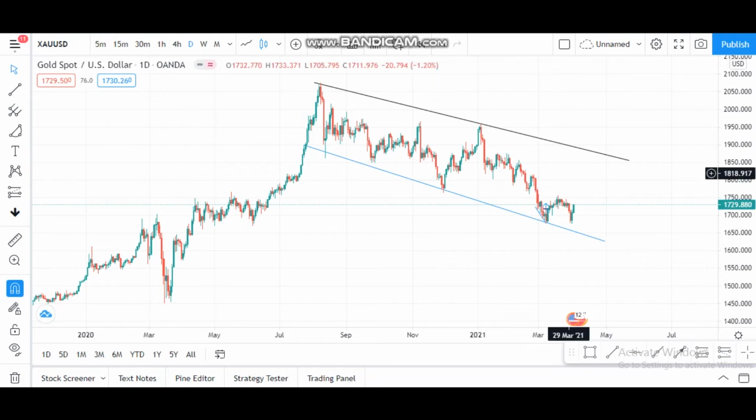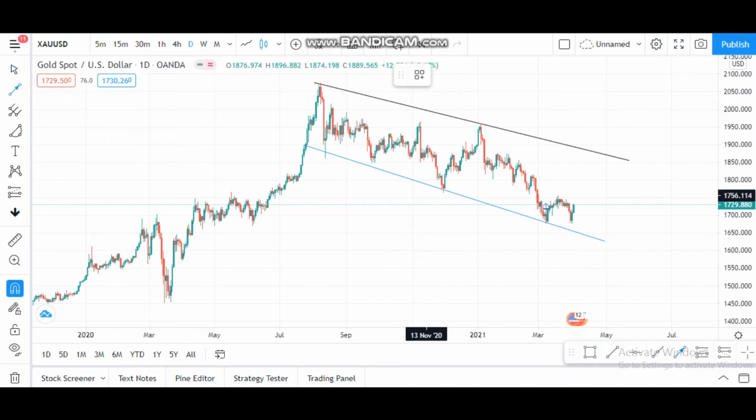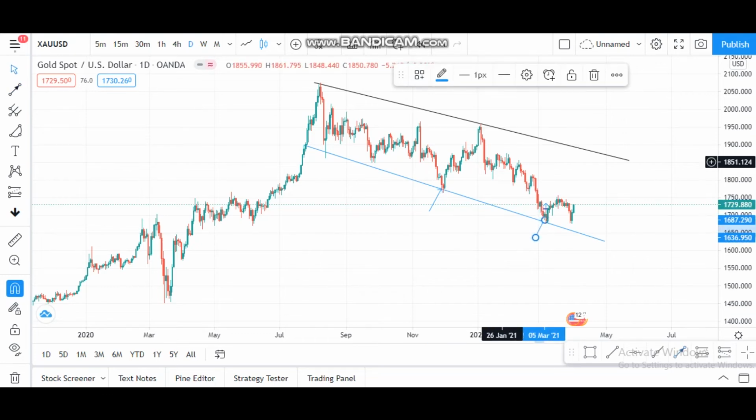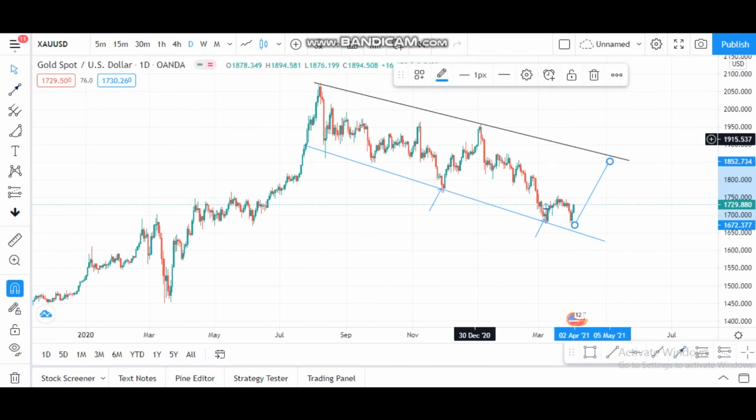But currently gold has retested my support trend line, and this clearly indicates reversal. We can observe that the market reversed at this zone, and also at this zone. So I think this was a retest to gain further momentum to make sure it goes bullish overall, to test this resistance trend line above.